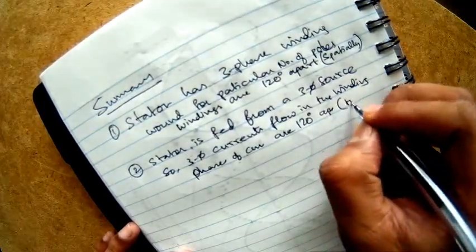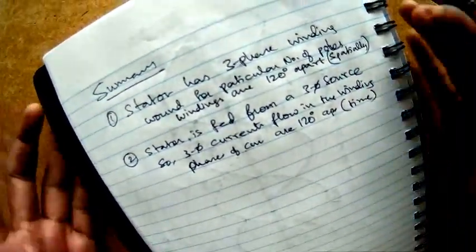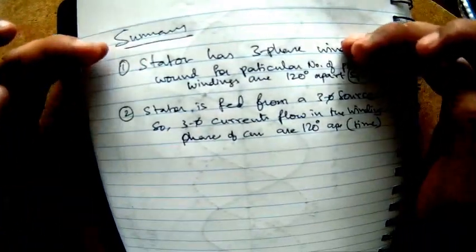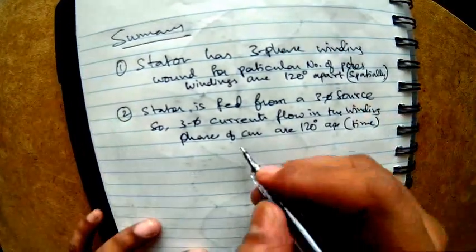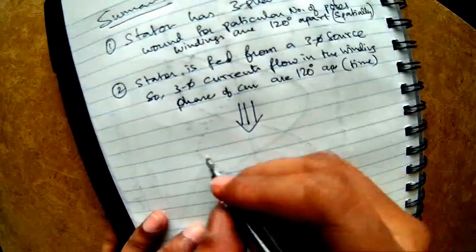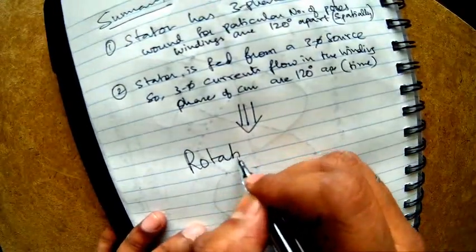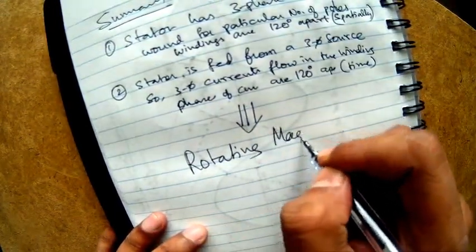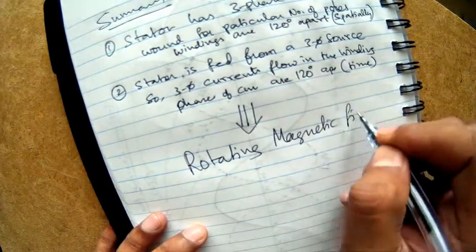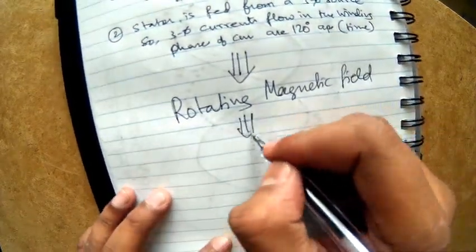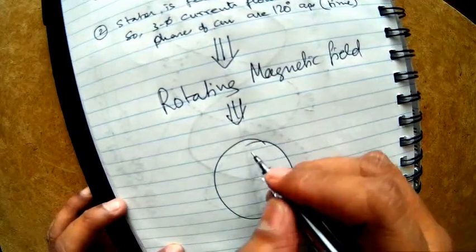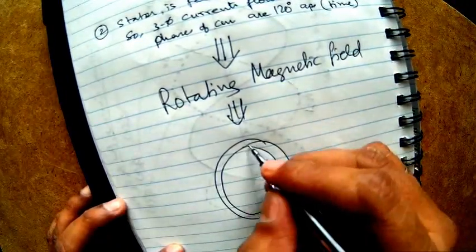This is with respect to time. The combined effect of 3-phase windings fed from 3-phase sources, the resultant coming out of it, is a rotating magnetic field.